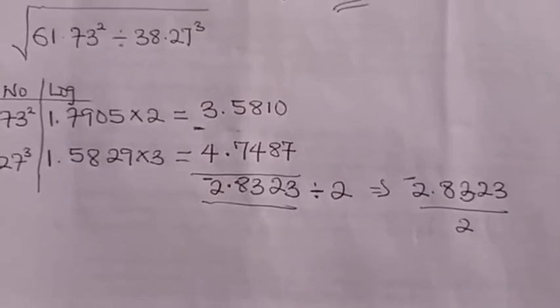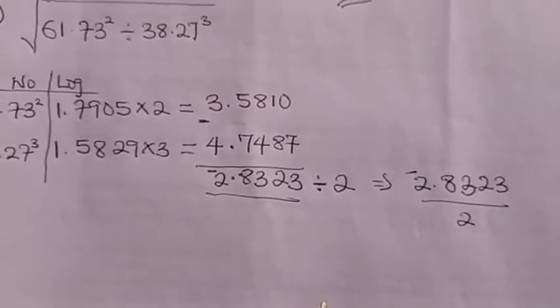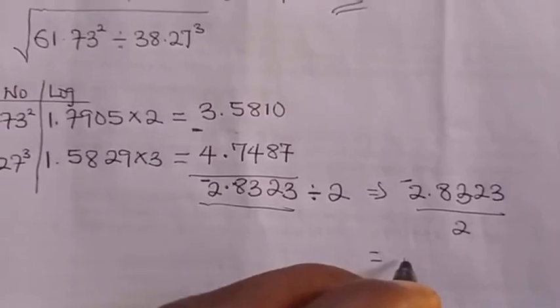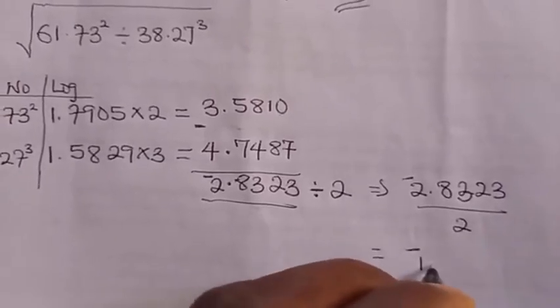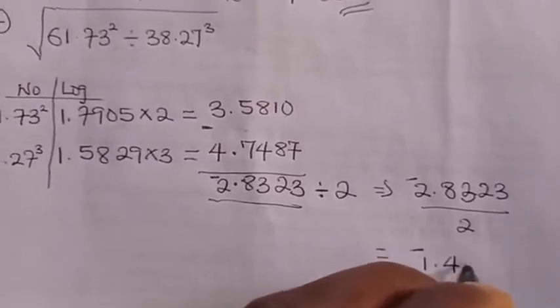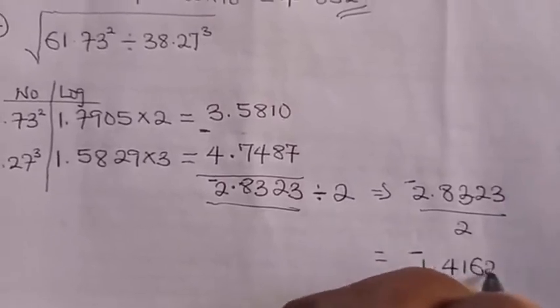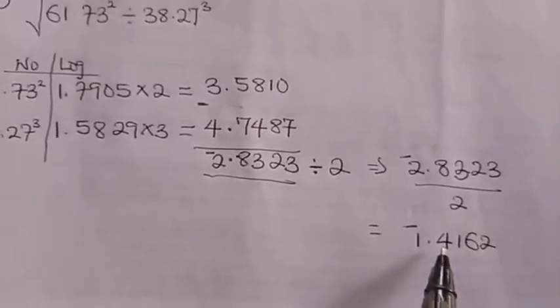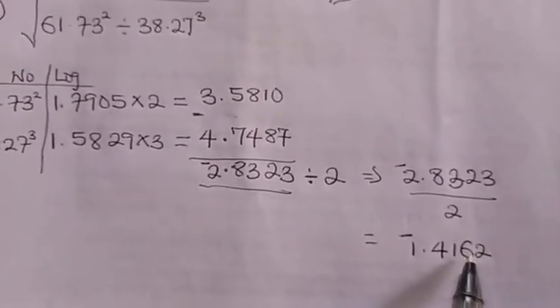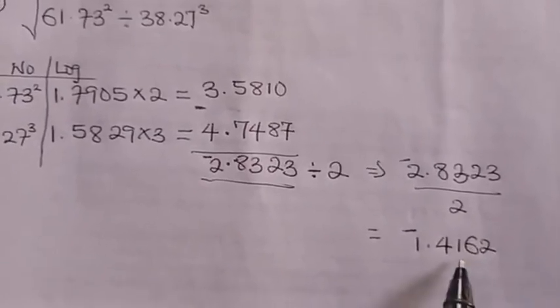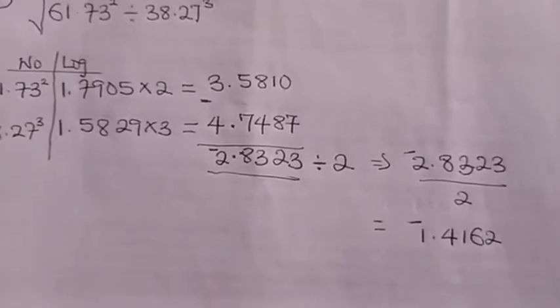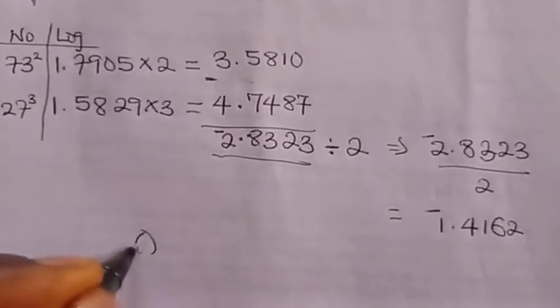And when you divide 2.8323 by 2, we are going to have bar 1.41615. But to 4 decimal place, we have 4162. At this point, we now find our anti-logarithm.